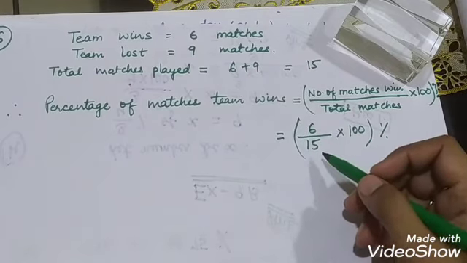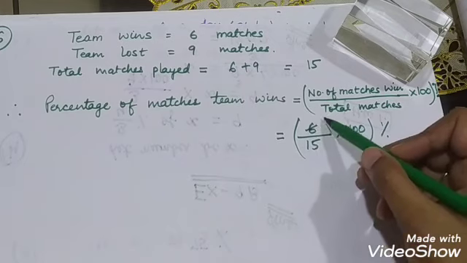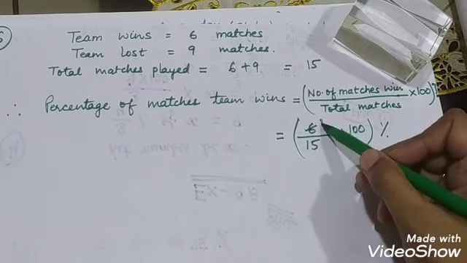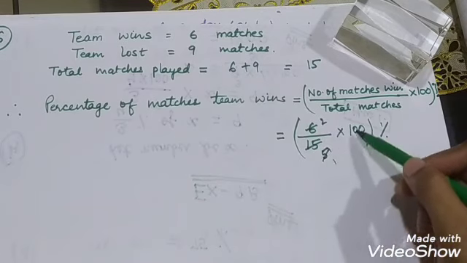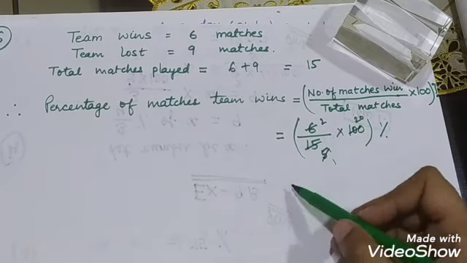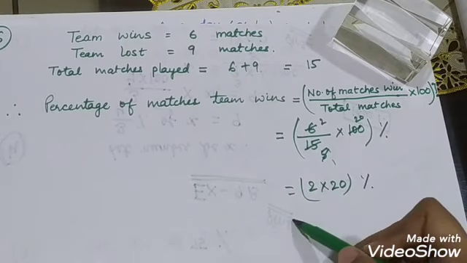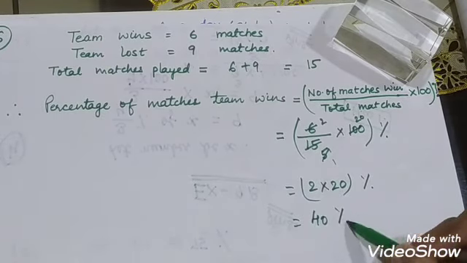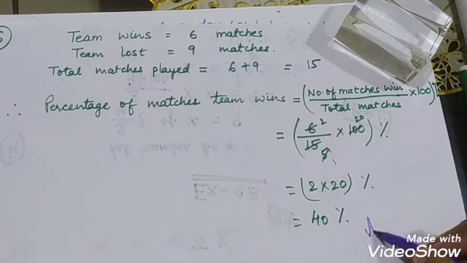Okay, then we will solve it. 3 cancel it. 3 2s are 6, 3 5s are 15. Okay, then 5 1s are 5 and 5 2s are 10. 2 into 20 percentage means 40 percentage, means percentage of matches won by the team is 40 percentage.